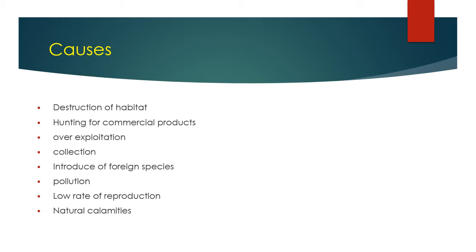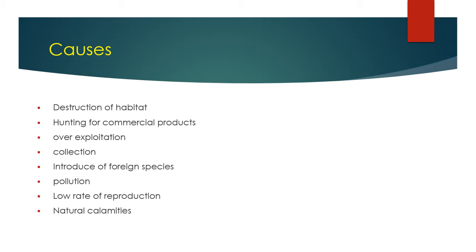Then another one is collection from the wildlife. Animals and plants are collected throughout the world for labs, like research, and for events and places like zoos. For example, animals such as monkeys and chimpanzees are used in zoos and also in circuses. Because of that, wildlife is depleted.